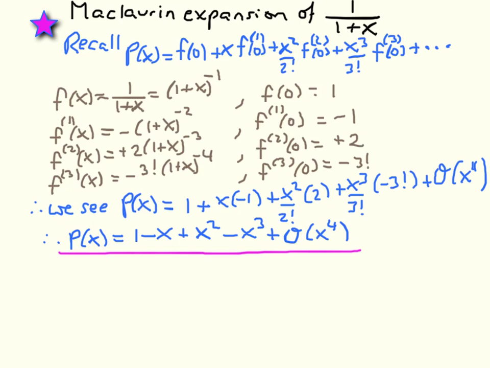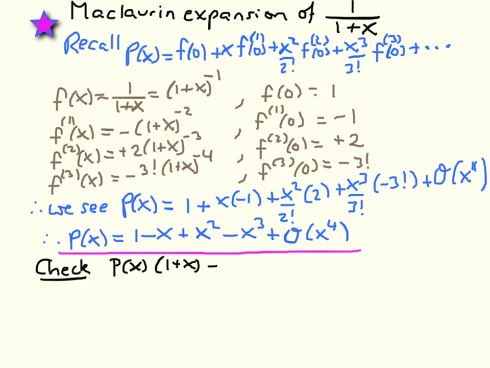So what we can do now is to check this, and our check is going to be, let's multiply the polynomial by 1 plus x, and if the polynomial is correct and is a good representation of 1 over 1 plus x, the polynomial and 1 plus x will cancel up to terms of order x to the 4th that we have not yet calculated and don't have any knowledge of.